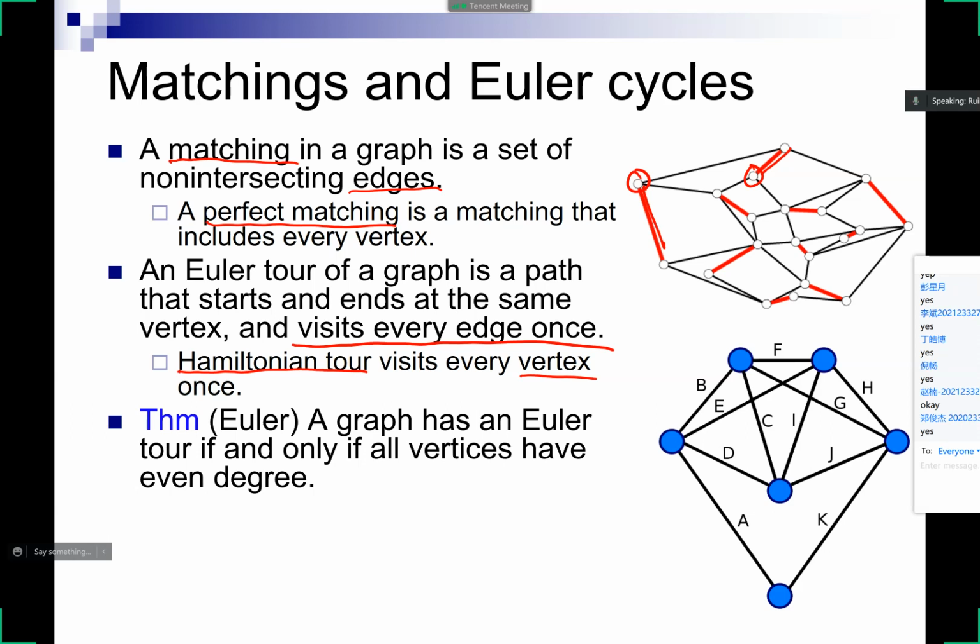A graph has an Euler tour if and only if all of the vertices have even degree. For example, in this graph you can check that all the vertices have even degree, so it is guaranteed to have an Euler tour.